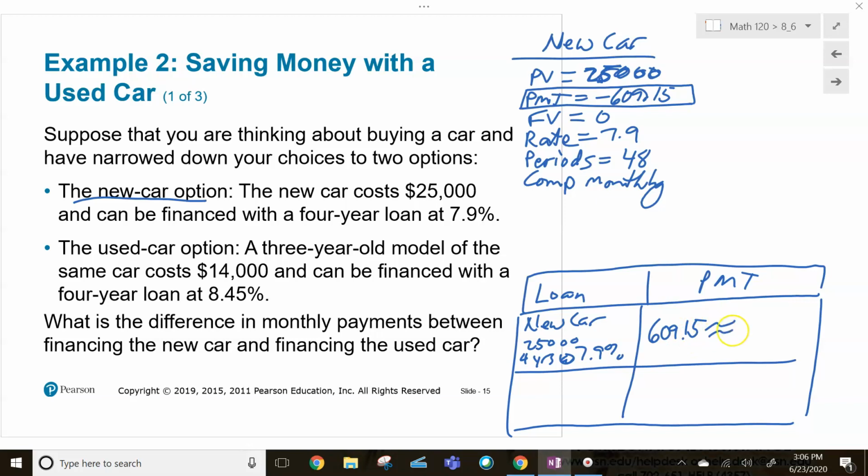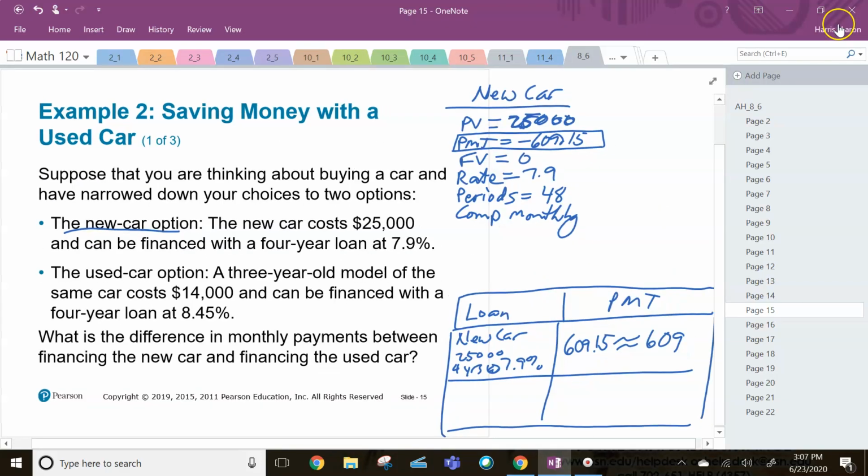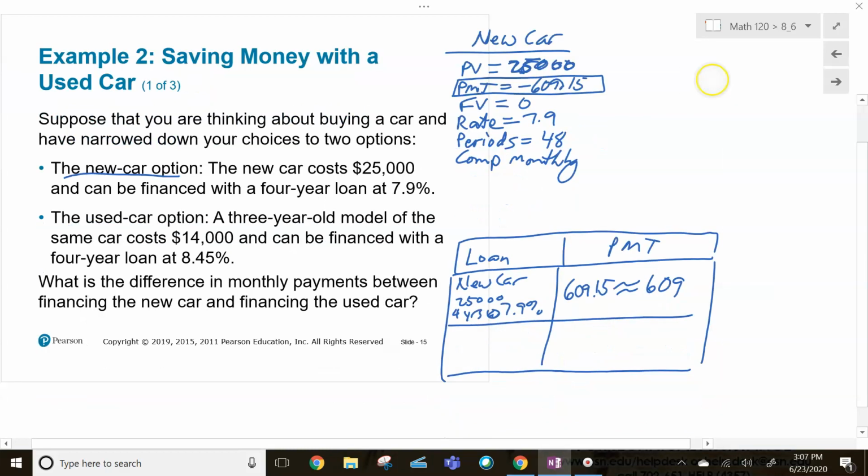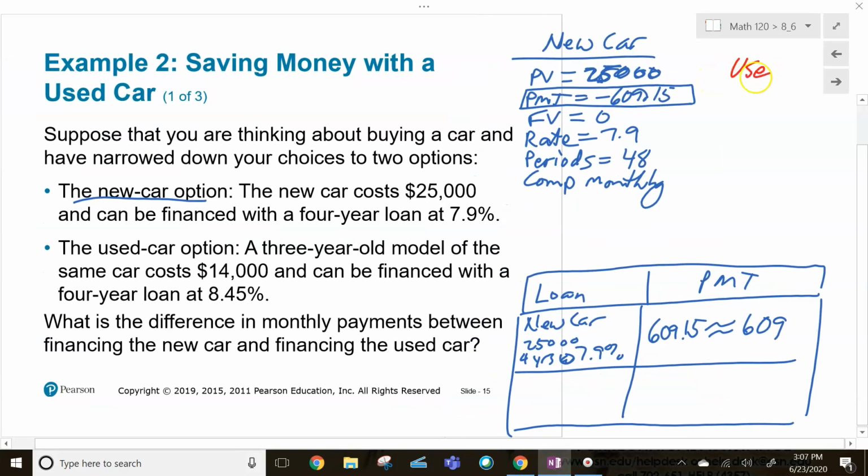So approximately 609. Okay. Now let's do the used car option. So the used car option, $14,000 is what we're going to finance.